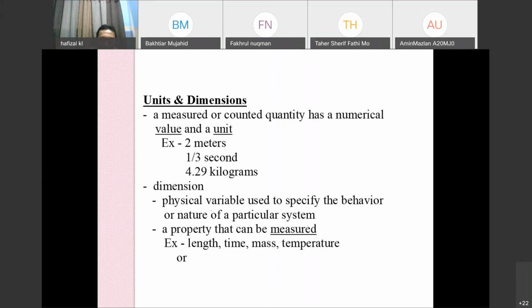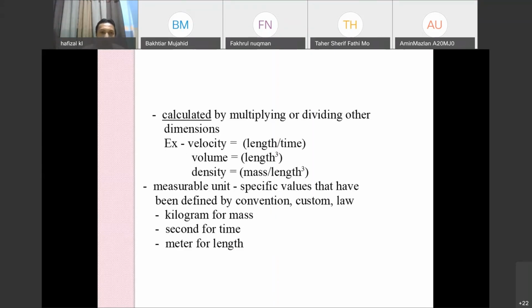In this course we do not cover much on dimension, because dimension is covered in another course. That dimension is used as a way to convert, to get the unit by using the dimension.